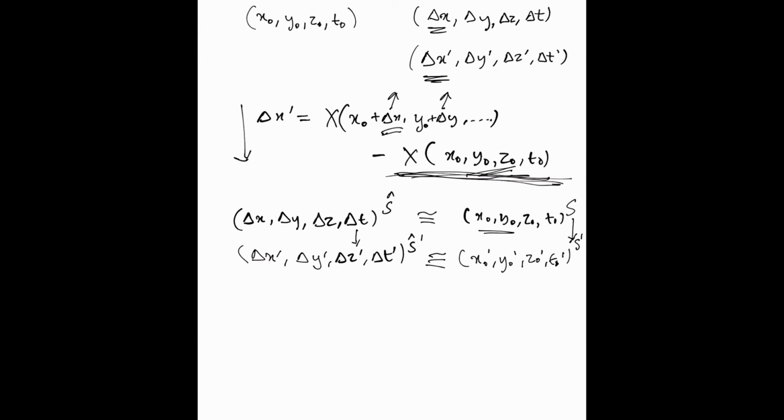Here's the wonderful property. Delta X equal to delta Y equal to delta Z equal to delta T equal to 0. If I take the origin of S hat, from this equation, you can see that you just get X of X naught, Y naught, Z naught, T naught minus itself. So delta X dash is also 0. And this is the same for all the other quantities as well.